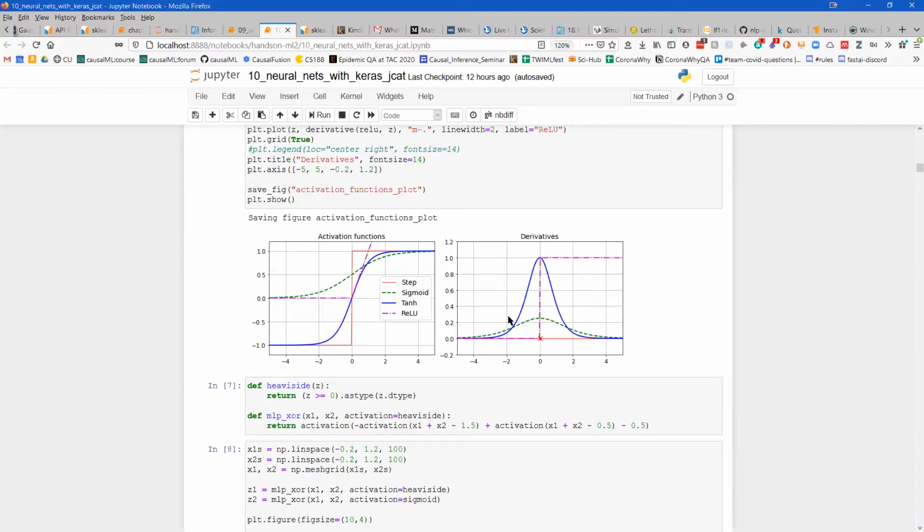Anybody have any experience with particular activation functions that they liked better or that worked better for them, and can say something about it? Or perhaps you constructed your own activation function. Yeah, you can do that too, actually.